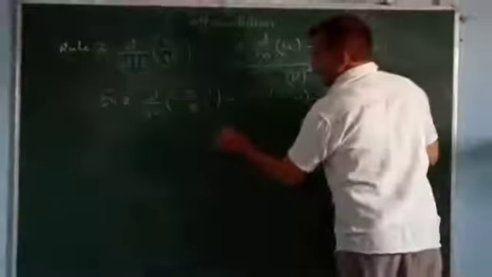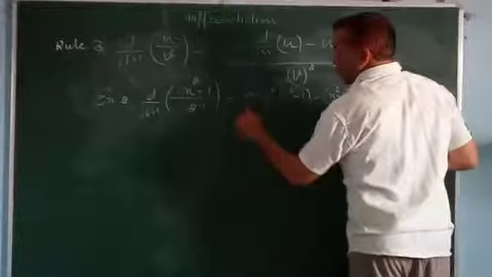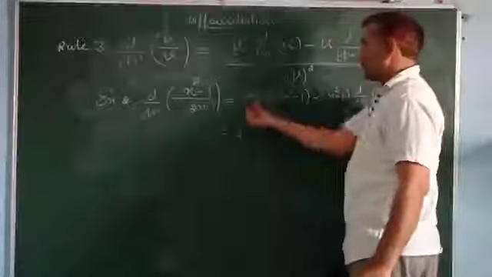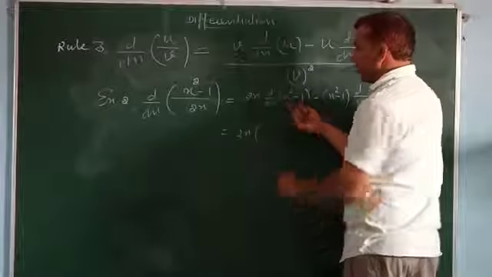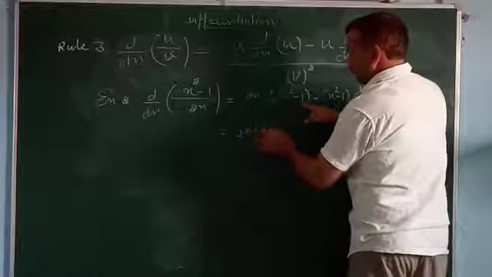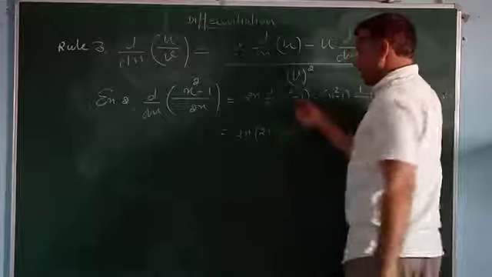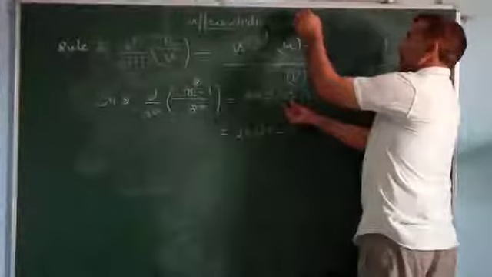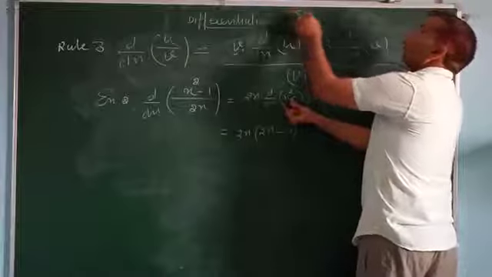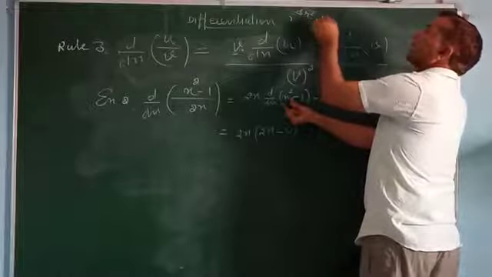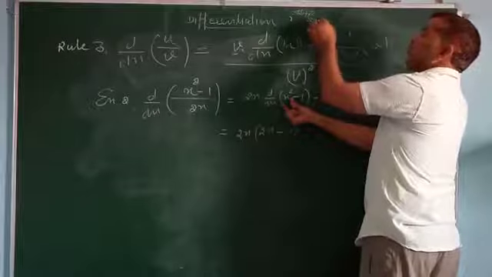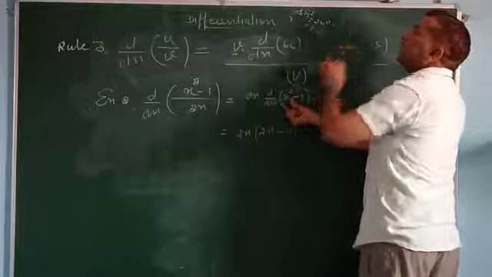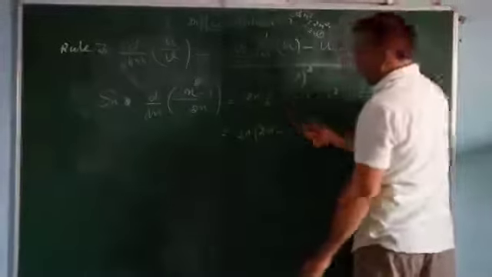Its derivative will be 2x minus 0, because derivative of x square will be 2x, like dy by dx of 2x into x raised to the power 2 minus 1, that will be equal to 2x raised to the power 1. Here the 1 need not be written.